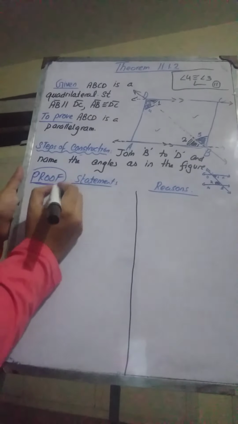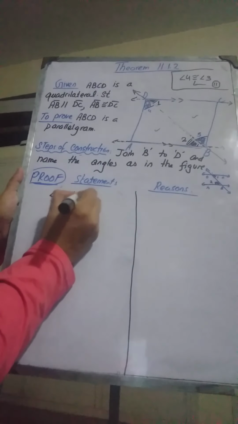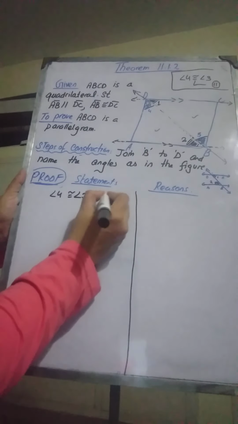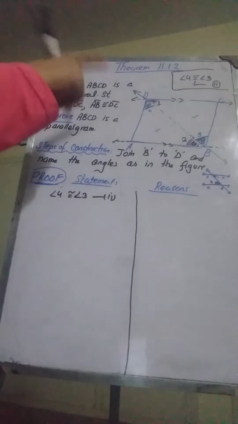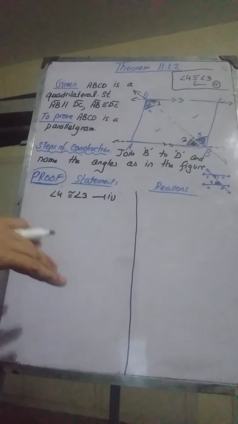Now we know that angle 4 is congruent to angle 3. Okay, this was 2, which we proved earlier. Now going to the next step. Now consider these two lines AD and BC.